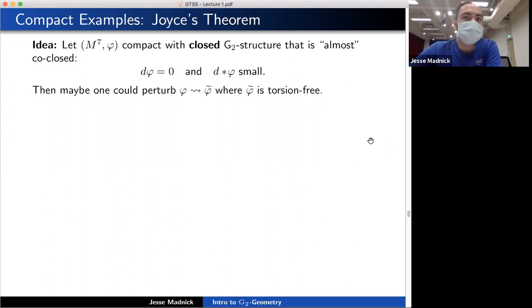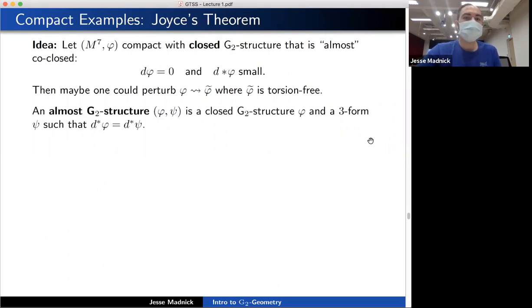And as far as I know, every known example of a compact 7 manifold with holonomy equal to G2 uses Joyce's perturbation theorem in some way. So the idea is that if you have a compact 7 manifold with a closed G2 structure that's close to torsion-free, you hope that you can perturb your G2 structure into one that is genuinely torsion-free.